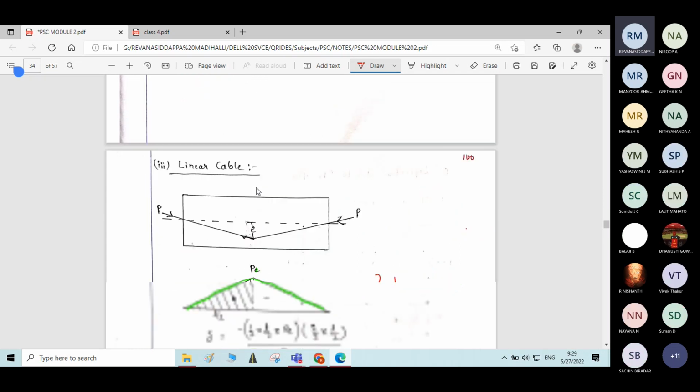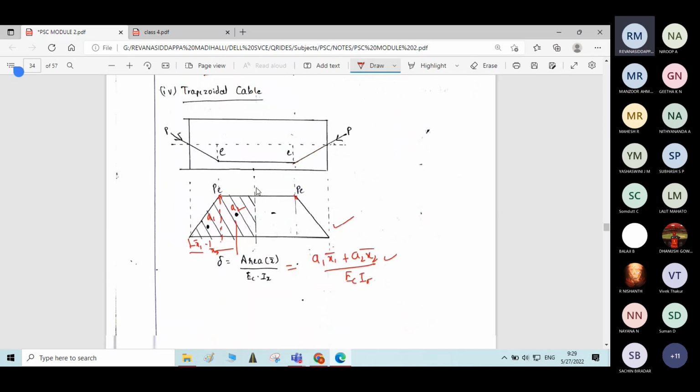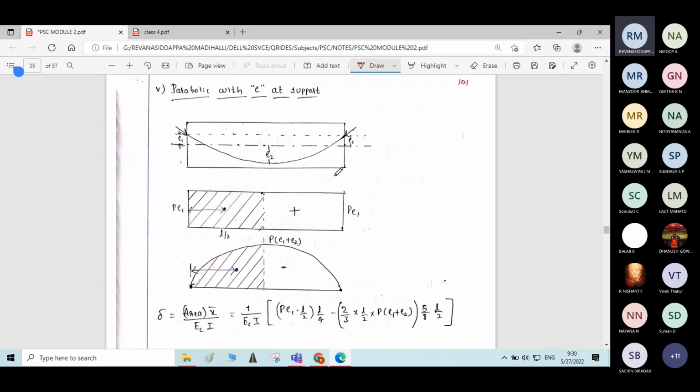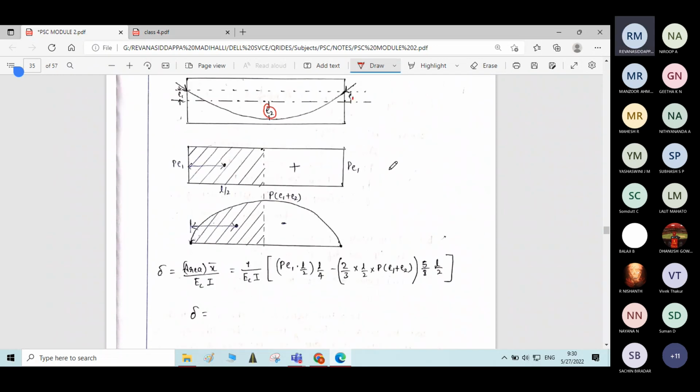So we will get some special cases like the cable profile is parabolic with eccentricity E1 above the neutral axis at the support and eccentricity E2 below the neutral axis at midspan. In this case, how to find the deflection due to this parabolic cable with different eccentricities at the support and the midspan.